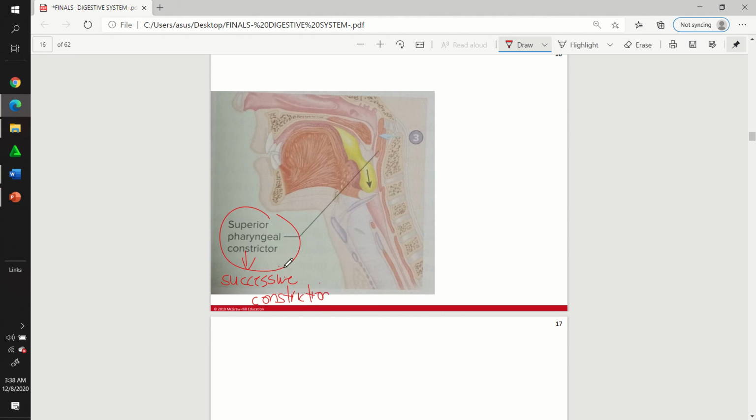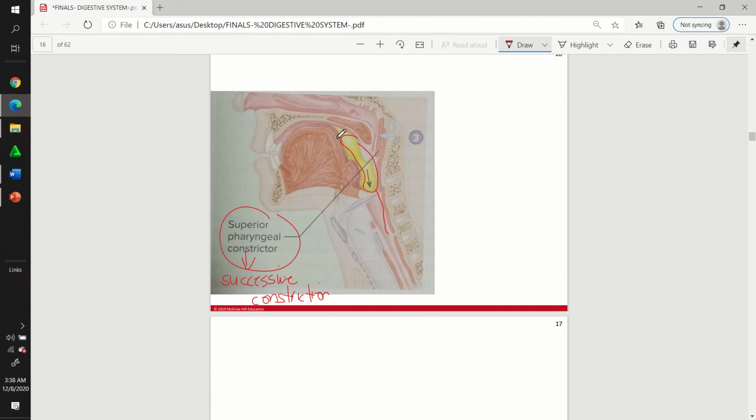The three pharyngeal constrictor muscles then contract in succession. That successive constriction forces the food through the pharynx. At the same time, the upper esophageal sphincter relaxes and food is now pushed into the esophagus.